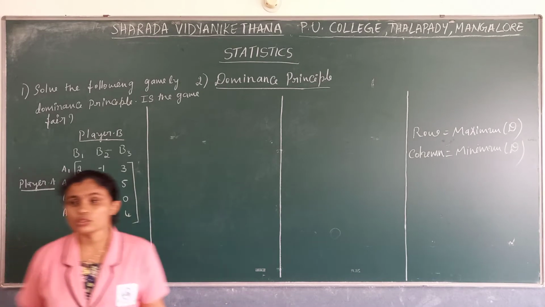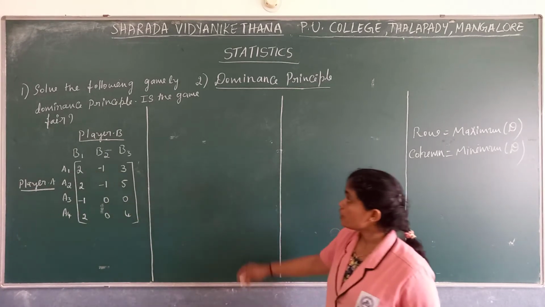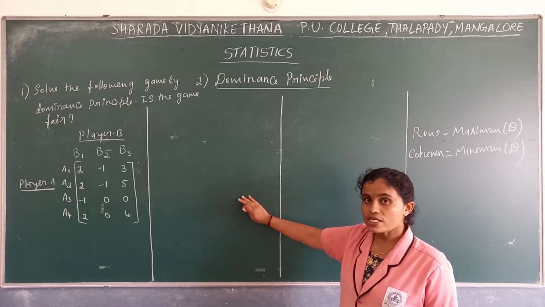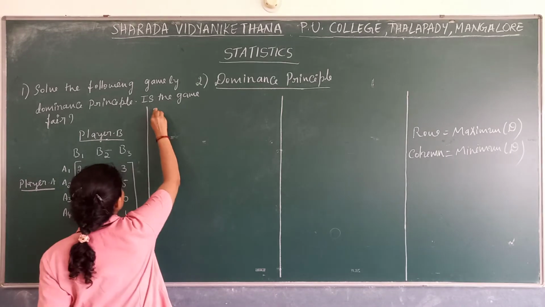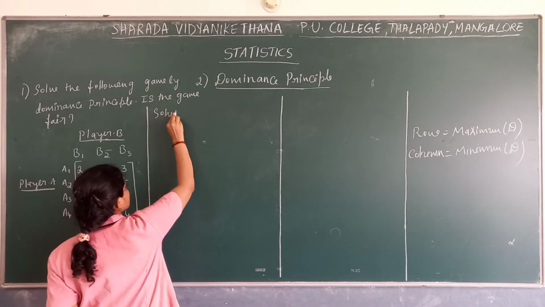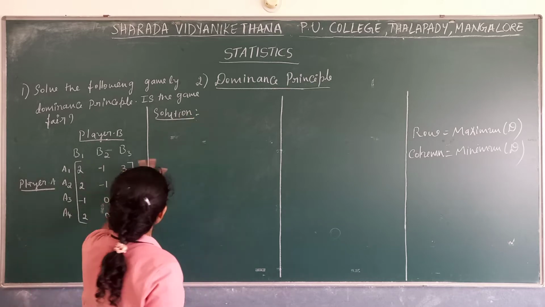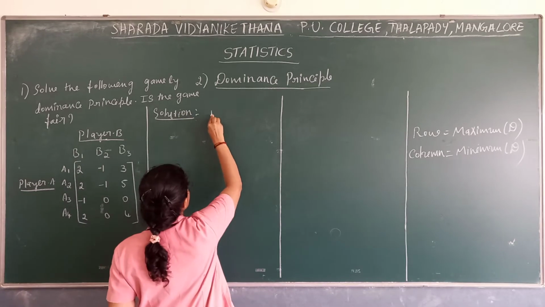Now we have a problem with us. We need to find the solution by comparing row-wise and column-wise. Now we write the problem as it is.